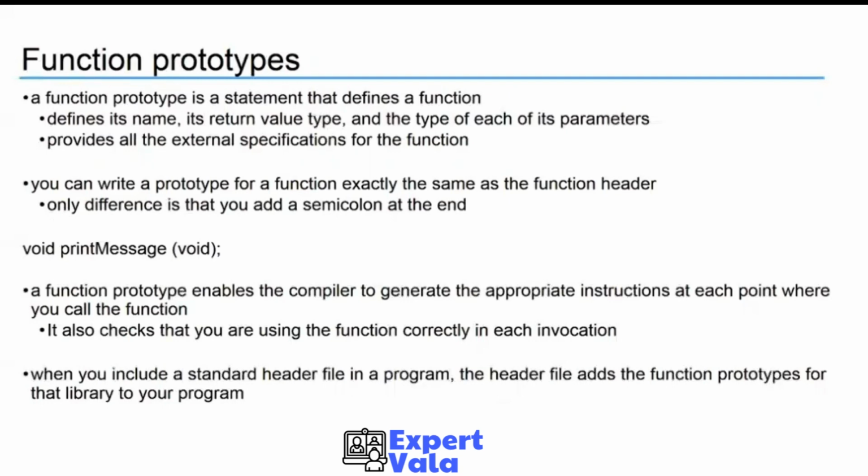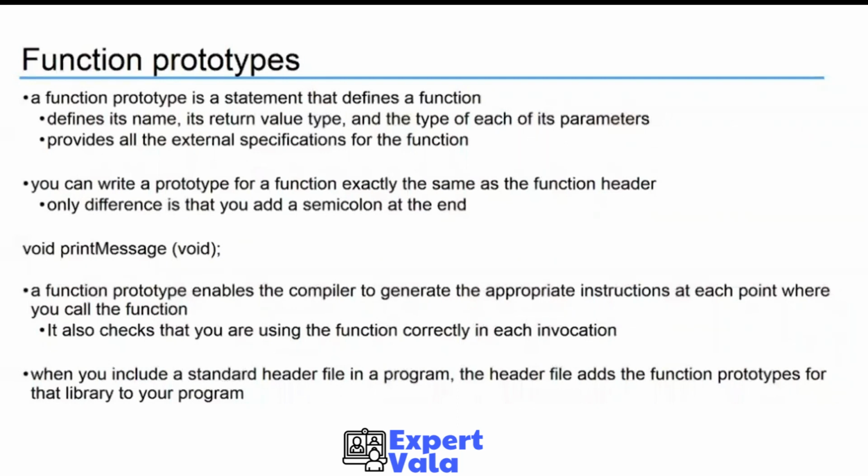Function prototypes usually go in header files if you want to reuse them in many different source files. If you are only using them in a single source file, you can just put them at the top of the source file. But because we are using the printf function, which can be used in many different source files, that function declaration will be defined in the header, and in this case, stdio.h.